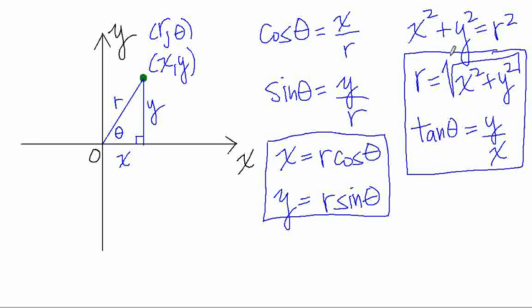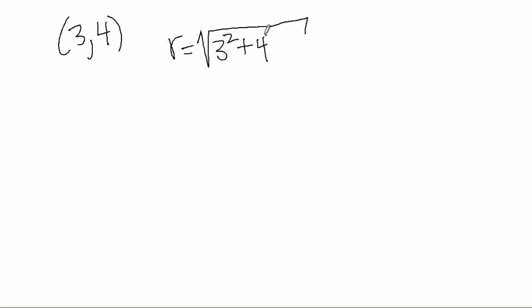Okay, now let's use these conversion equations to do some exercises. So let's convert this set of rectangular coordinates to polar coordinates. We can get r from the equation based on the Pythagorean theorem. That will give us 5.